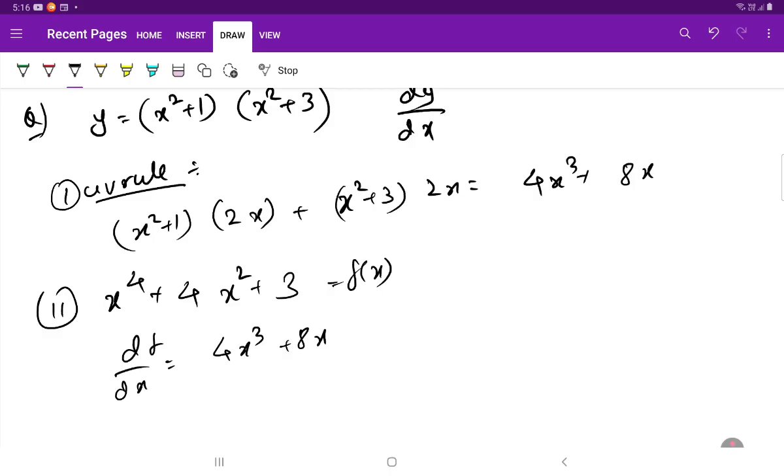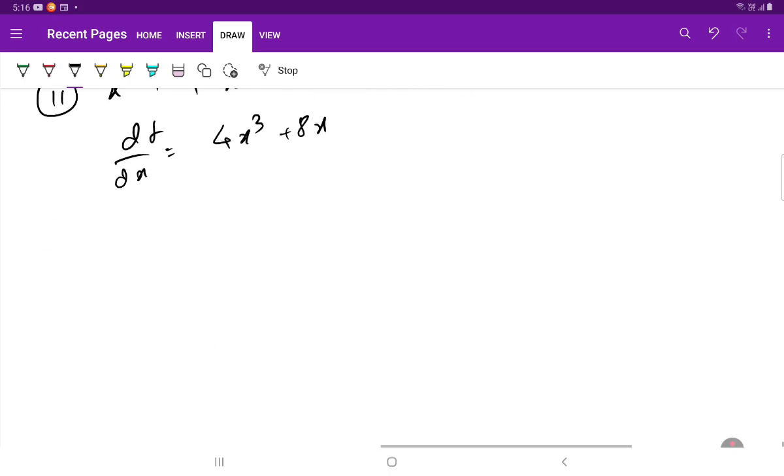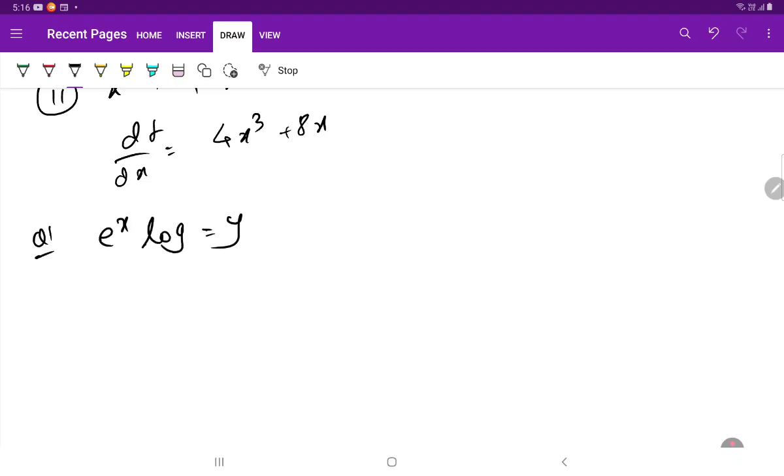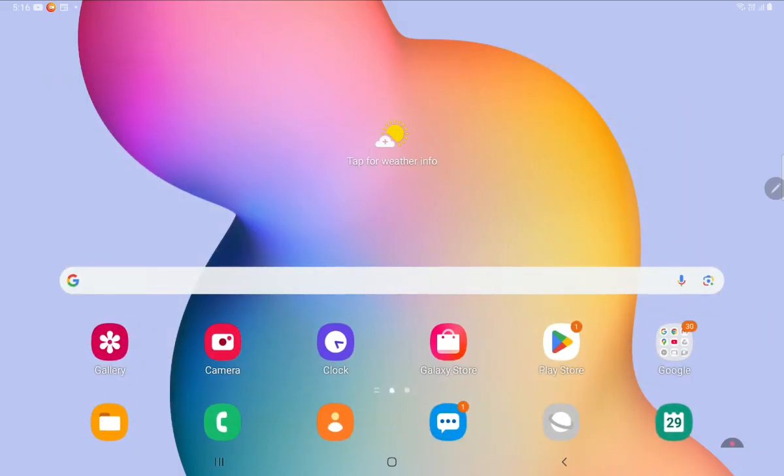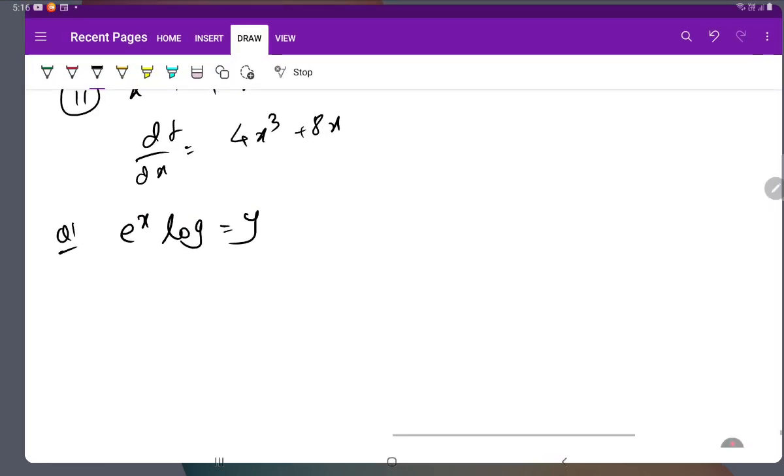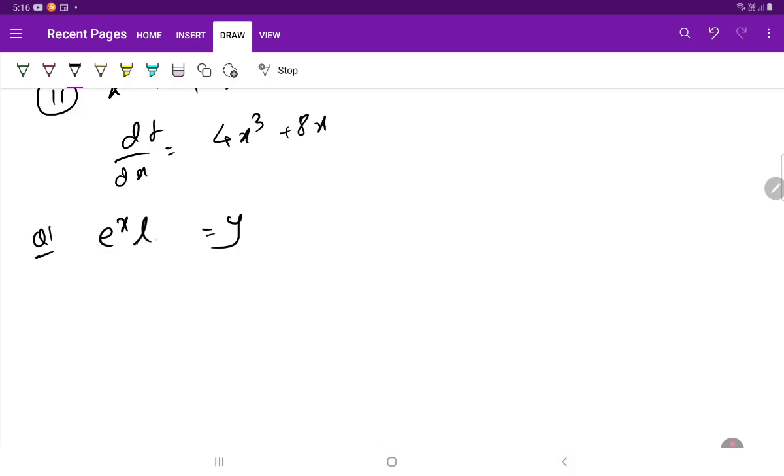Now coming to more problems. Let's take some different type of expressions rather than algebraic. Let's take logarithmic ones. If you are asked to find the differential coefficient of e to the power x log x, I am taking it to be ln x, not log x. So dy by dx is e to the power x into 1 by x plus e to the power x into ln x.